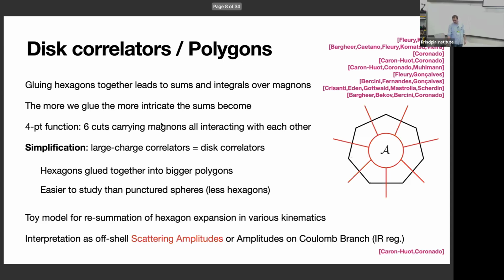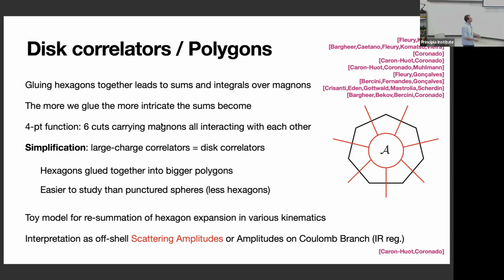Okay. There is also some very nice interpretation. I said that they are a bit like off-shell quantities, or maybe just an intermediate step, but there is also a nice interpretation of them as some sort of scattering amplitudes, or if you prefer, scattering amplitudes on a Coulomb branch, with the Coulomb branch here giving some masses to the external particles. So this is not exactly the scattering amplitude that people usually compute in the theory, like Dixon and collaborators.